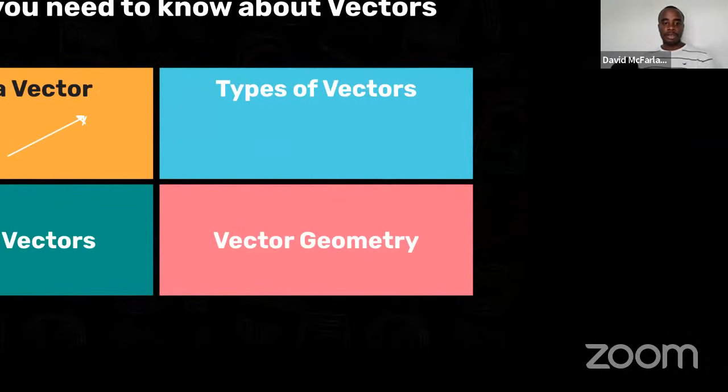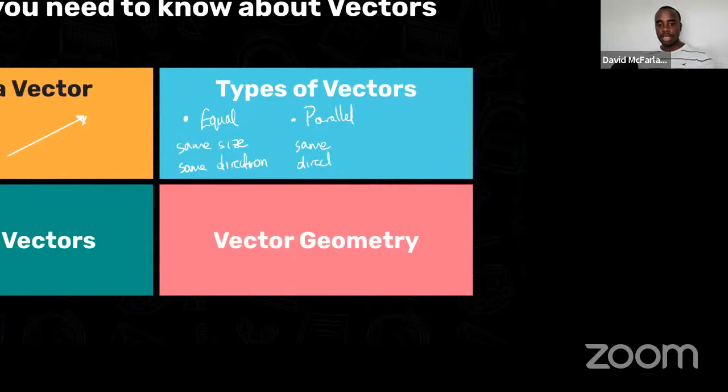We have equal vectors that have the same size and the same direction. We have parallel vectors that have just the same direction. And then we have opposite vectors.